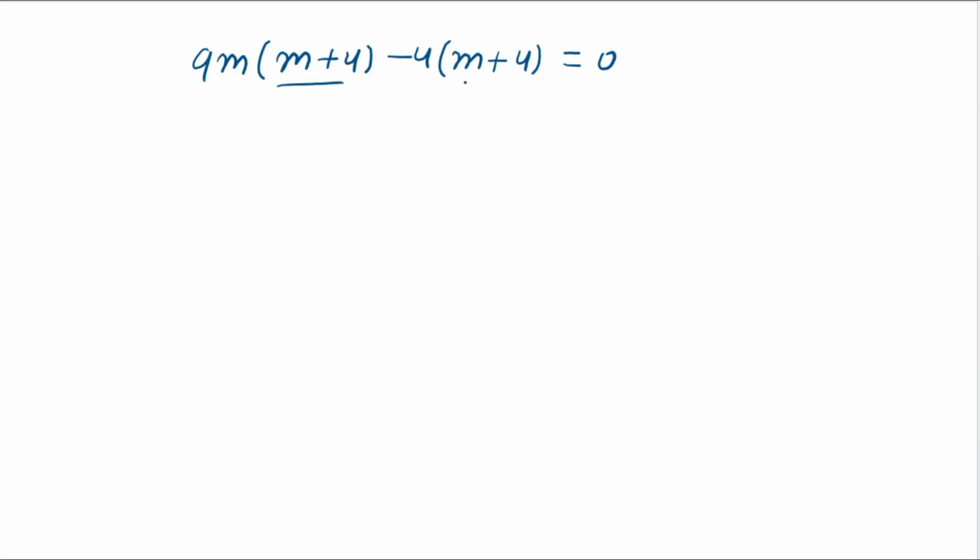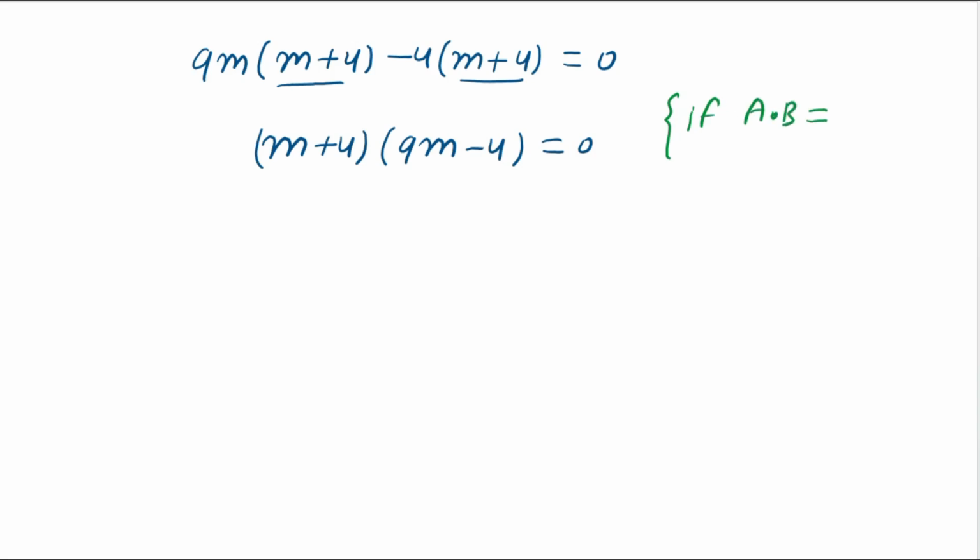M plus 4 and m plus 4 is common. So if we take common m plus 4, then you will get here 9m minus 4, and this is equal to 0. Now here we will apply this rule: if a into b is equal to 0, this implies a is equal to 0 or b is equal to 0. Here this expression is a and this expression is b.